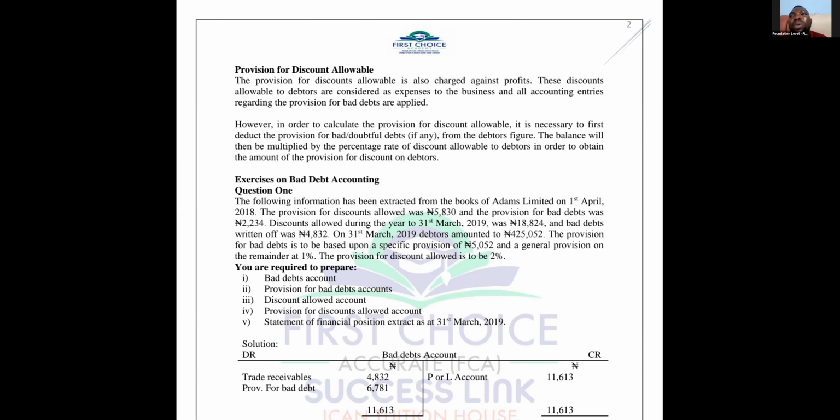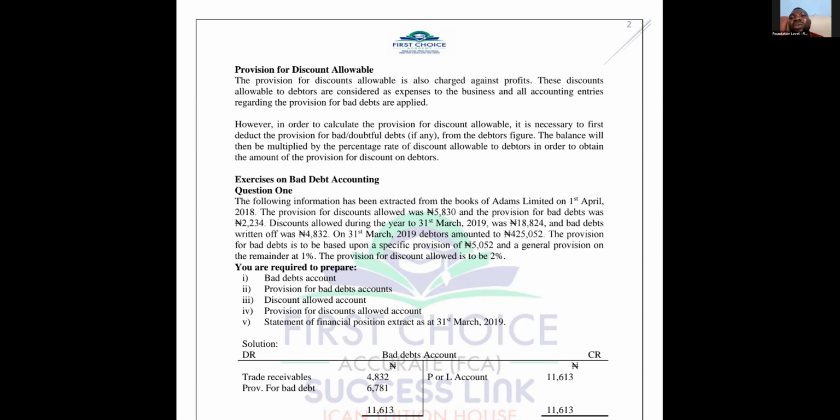So it means that let's make provision for it, so that when the person takes advantage of it, it will be good to go. The provision for the discount allowed is always calculated when you have removed allowance for bad and doubtful debt from your trade receivable balance, before you now compute the percentage of your allowance for discount on the figure given to you. That is where you're going to compute it.